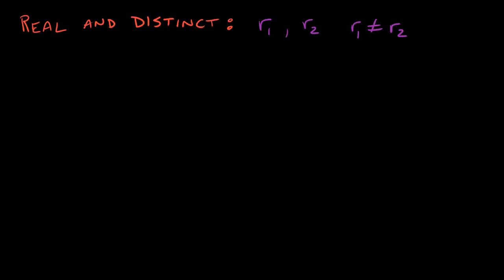Okay, so they're real valued. Then the general solution was something that looked like y equals C1 e to the R1x plus C2 e to the R2x. That is the general solution in that case.